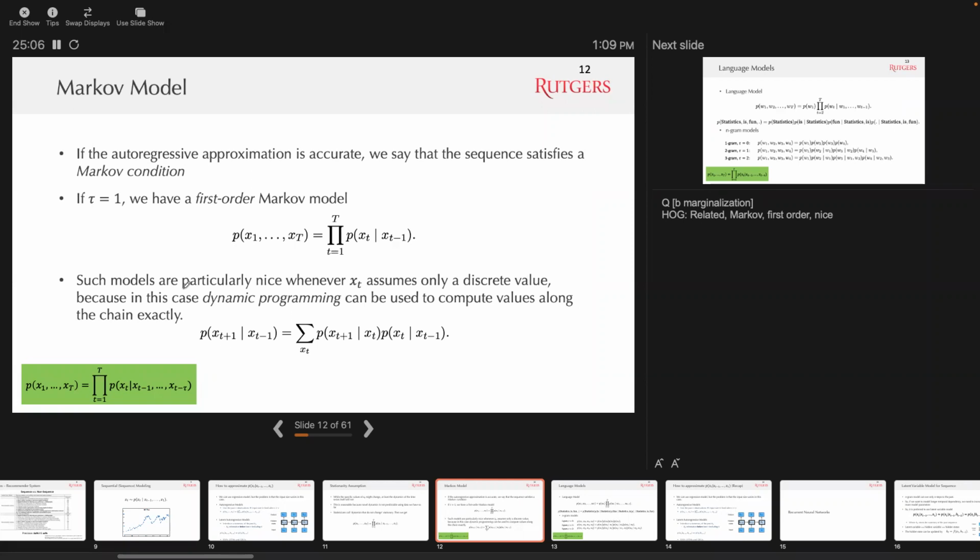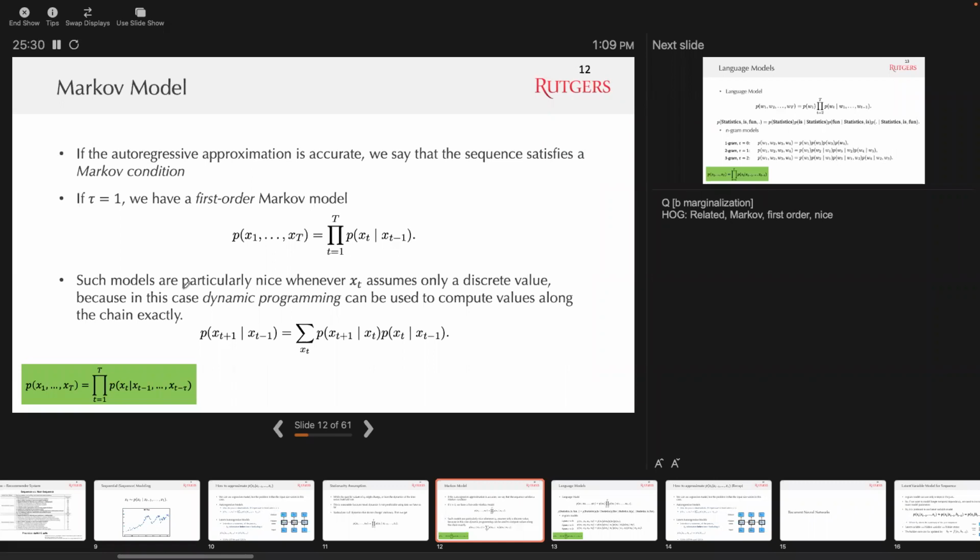And then inside this summation, you're going to decompose this probability distribution into two terms. Let me follow the order.